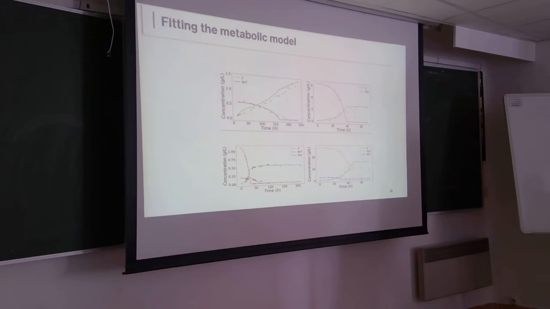So this is the metabolic model fitting some data from experiments that we found in the literature. Here we have just the butyrate and microalgae. This is also a mixotrophic growth, and the model works even with two substrates.